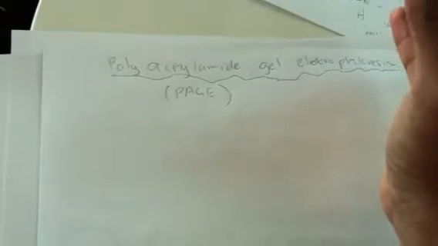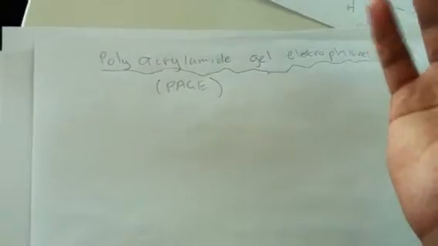Now, don't get intimidated by the name. It's a pretty simple process. It's also known as PAGE, by the way, if you don't want to rattle off that huge name. So we can use this property of amino acids to gain either a positive or negative charge in different pHs to separate a sample of perhaps several amino acids out.